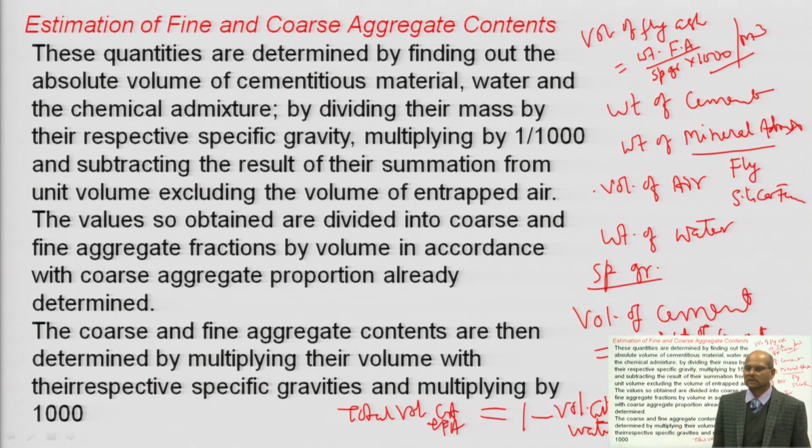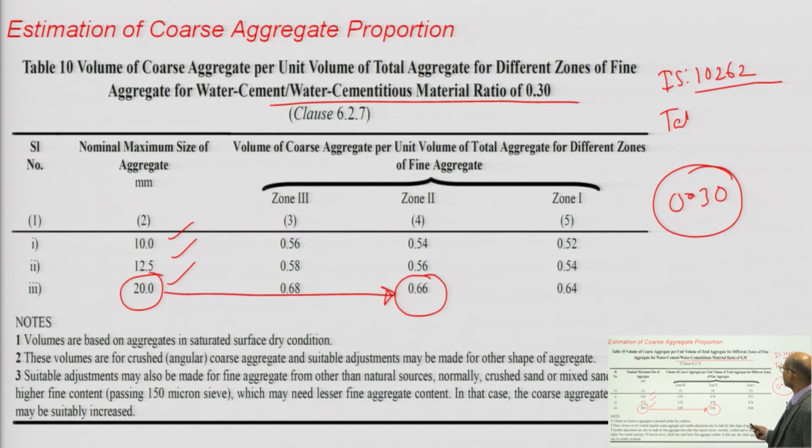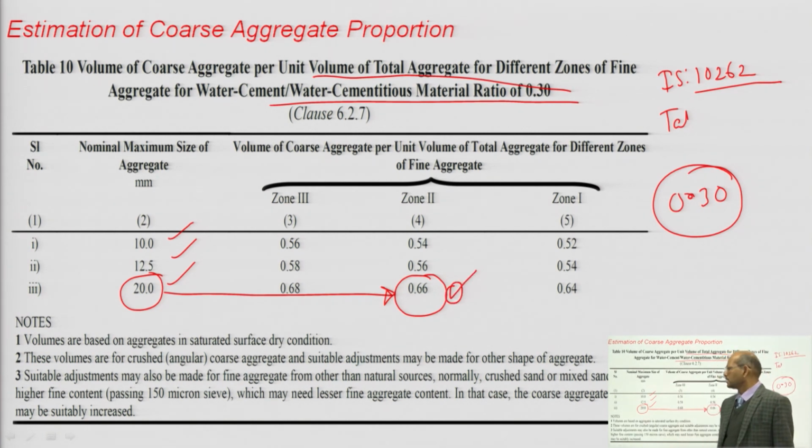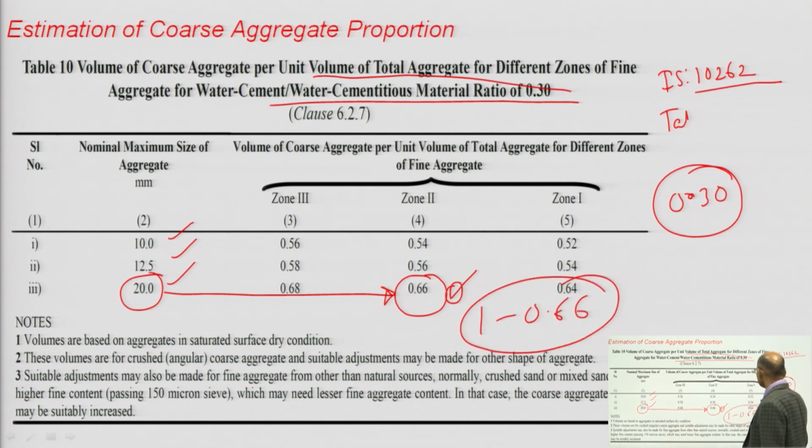So, once you know the total volume of fine aggregate and coarse aggregate, and here we know what should be the volume of coarse aggregate per unit volume of total aggregate, you just multiply by this quantity and you can get the volume of coarse aggregate. Similarly, in total aggregate, you multiply by 1 minus 0.66. That is going to give the volume of fine aggregate. Okay.